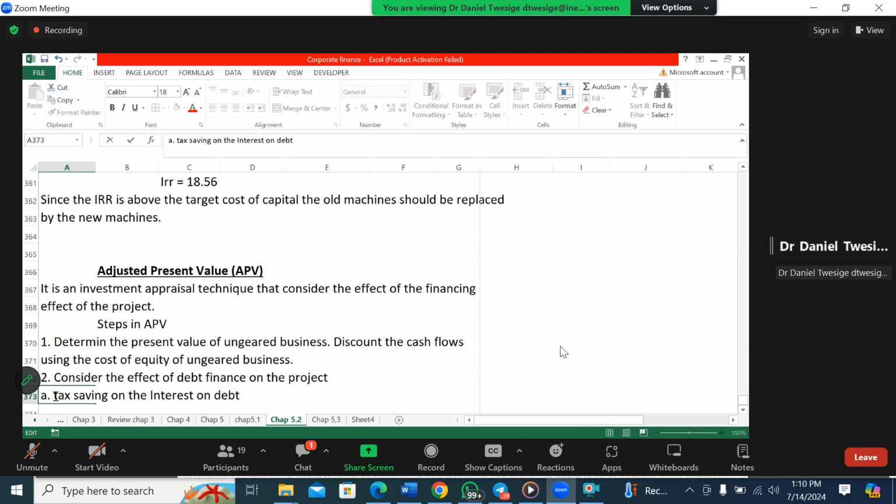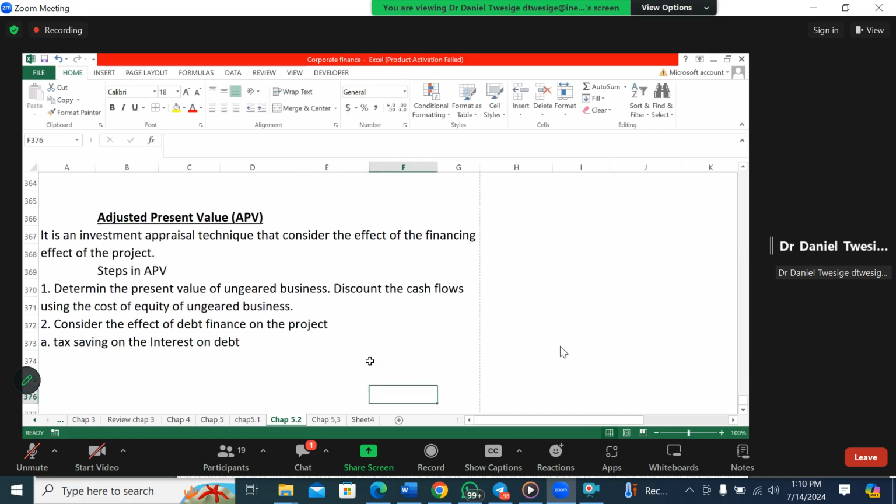Now, the second aspect, look at if the debt is subsidized, or part of the debt is subsidized, look at the interest saving on subsidized debt.